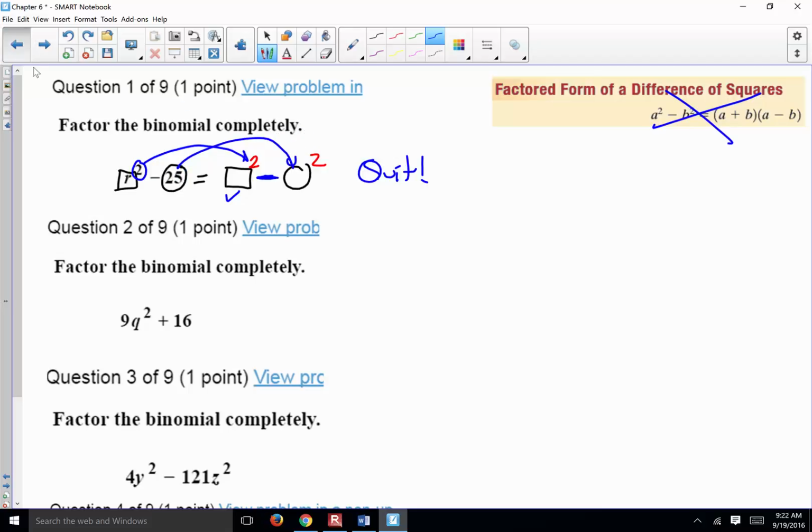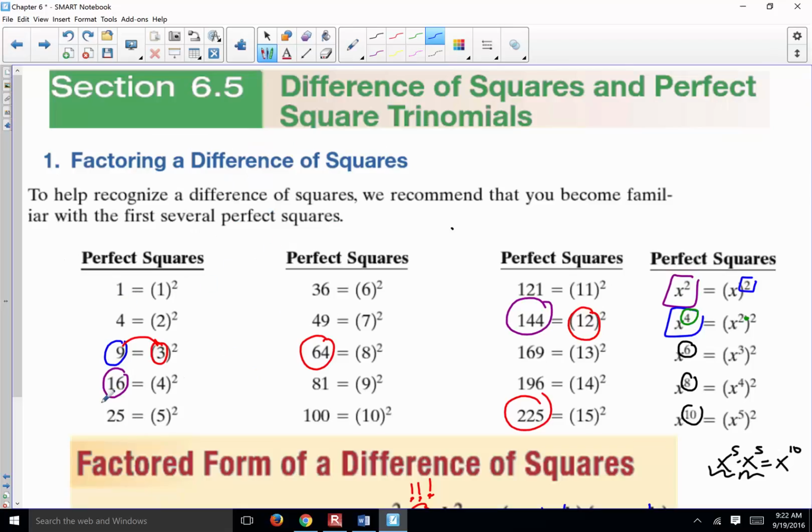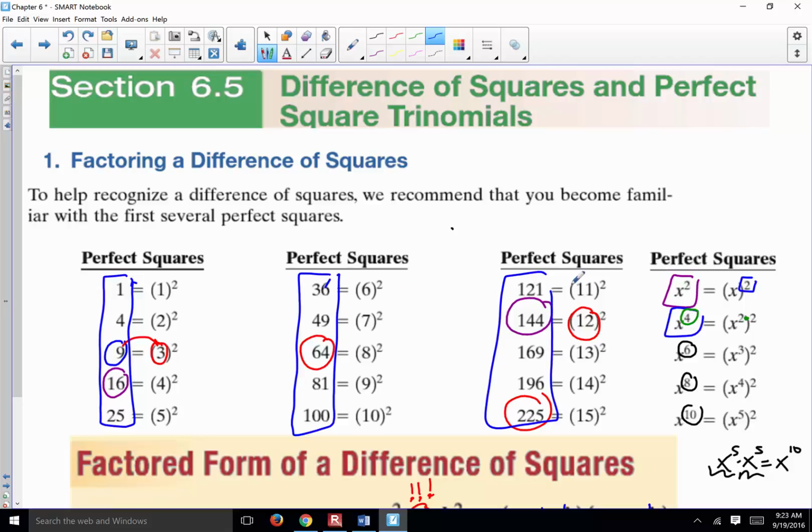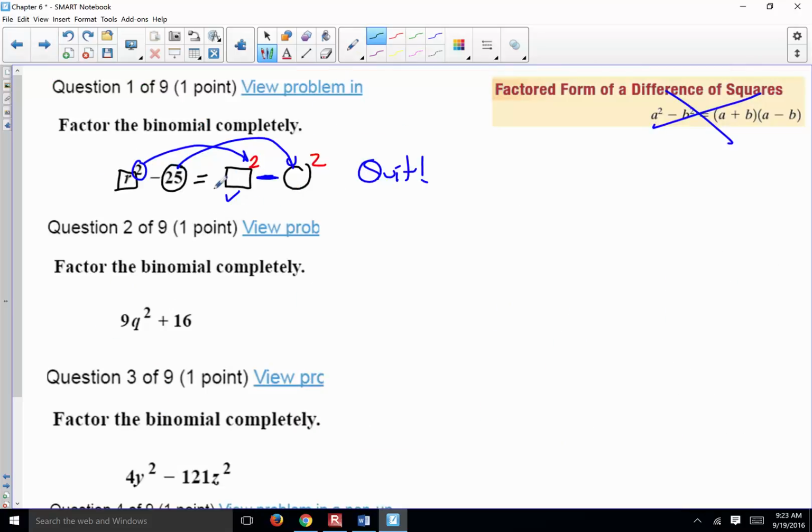That's why I gave you this table. These numbers do not look like squares, but they can be put into square format. 25 is one of them. I can make 25 into 5 squared. So you actually have here r squared minus 5 squared.